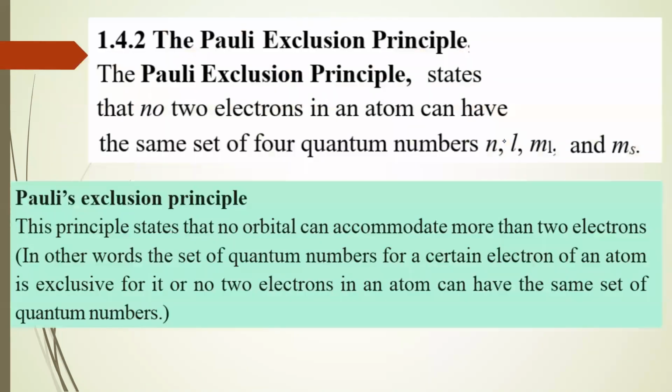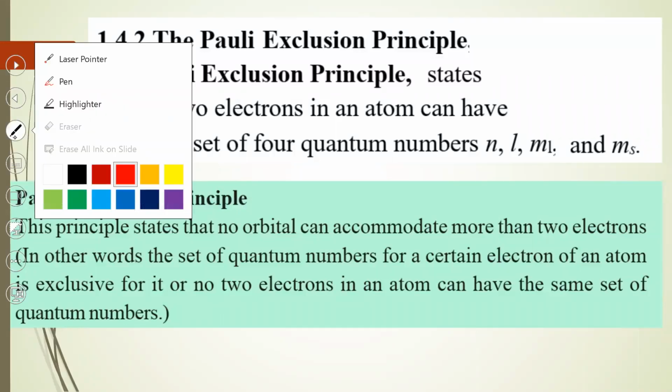Regarding the Pauli exclusion principle, there are 2 contents available in the resource book. One is that this principle states that no 2 electrons in an atom can have the same set of 4 quantum numbers, right? It is very clear for us.